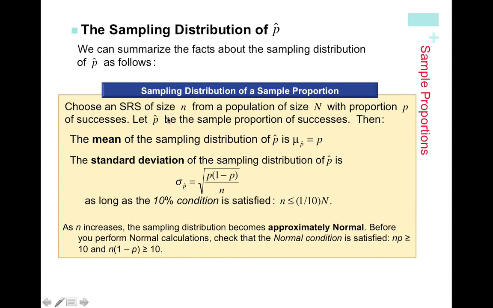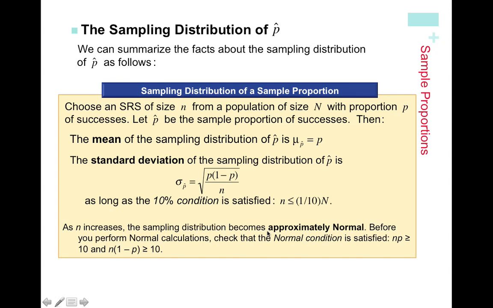So again, when I'm talking about all those little p hats, remember with the Reese's Pieces, you all found a proportion of orange and then we plotted all those p hats. Or with the chips, we found a proportion of red and we plotted all those p hats. So the mean of the p hats is equal to p. The standard deviation of the p hats is equal to the square root of p times 1 minus p over n, as long as that condition is met.